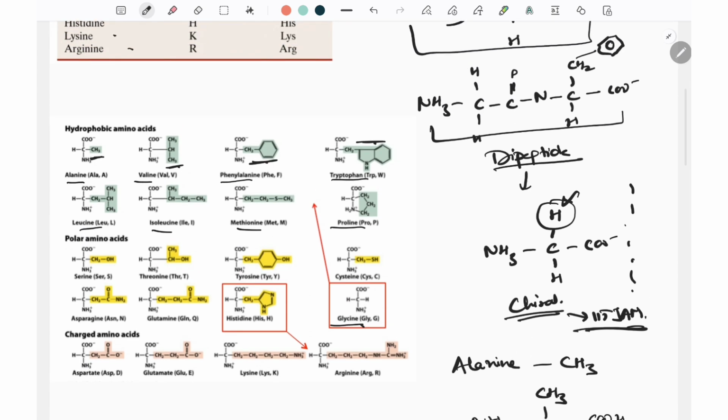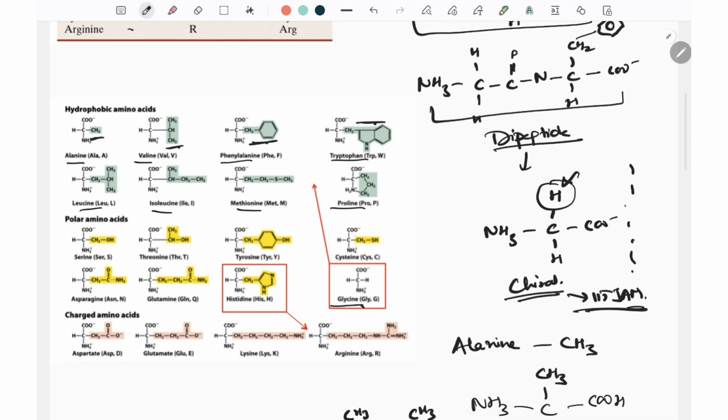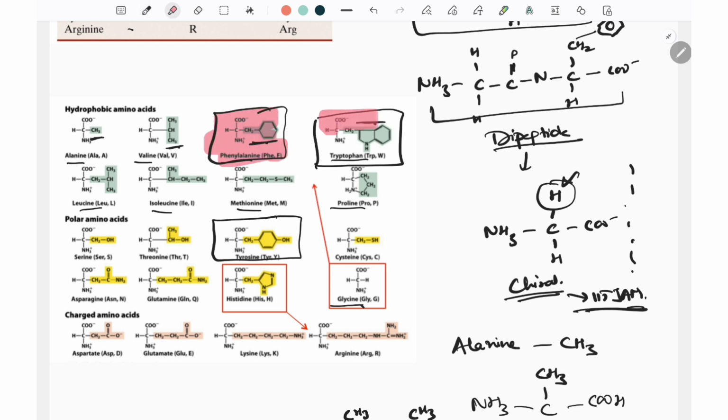There are 3 amino acids which are also called aromatic amino acids, which are tryptophan, phenylalanine and tyrosine. These are 3 amino acids which are essential.